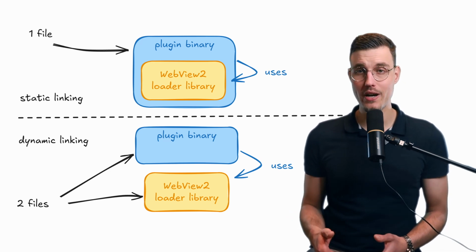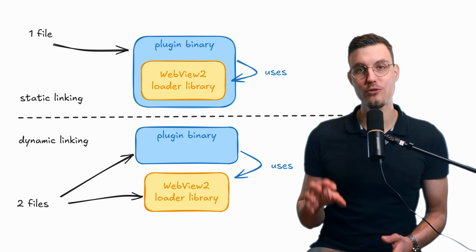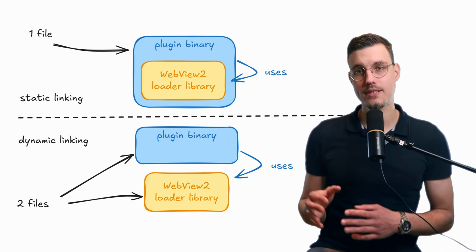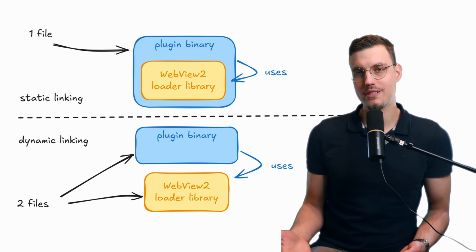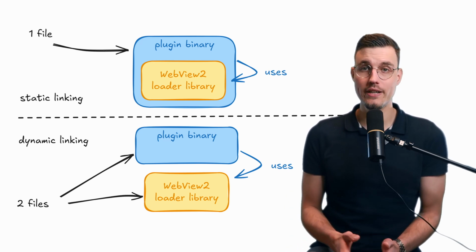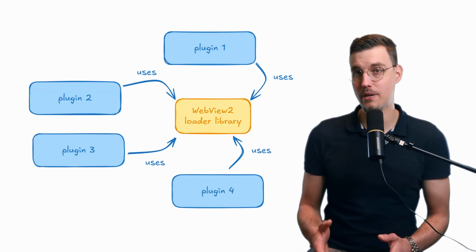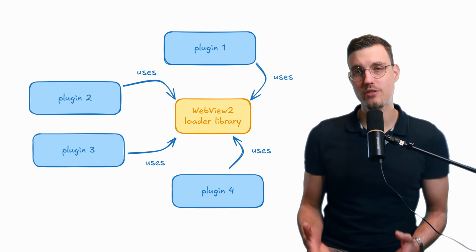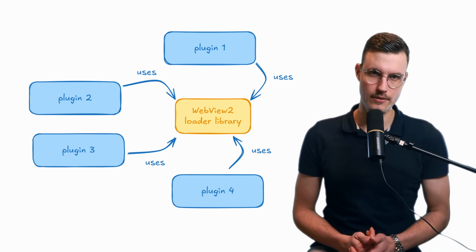Dynamic linking requires putting the loader library DLL file into a folder on the user's computer where the plugin can find it. Static linking enlarges the final binary, but is most simple in distribution, which is why it is probably the preferred approach. If, however, you're distributing a bundle of plugins that all need the WebView2 loader library, you should consider linking dynamically to reduce the overall size of the bundle.